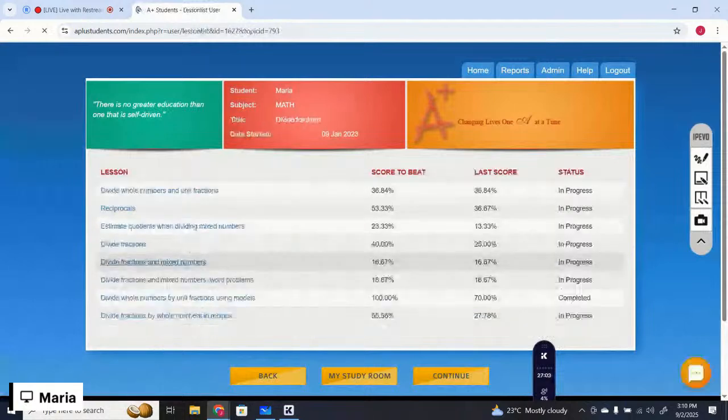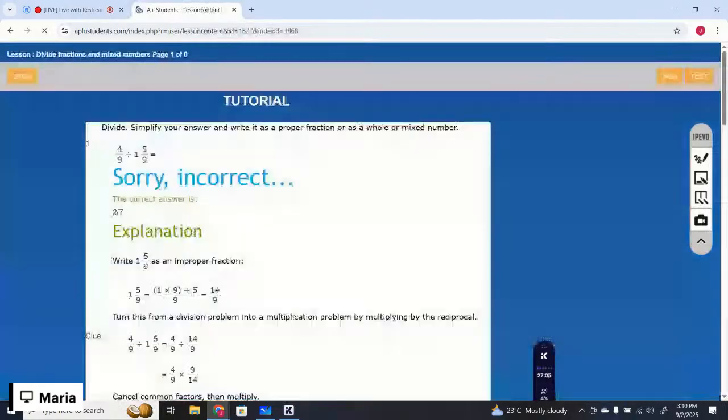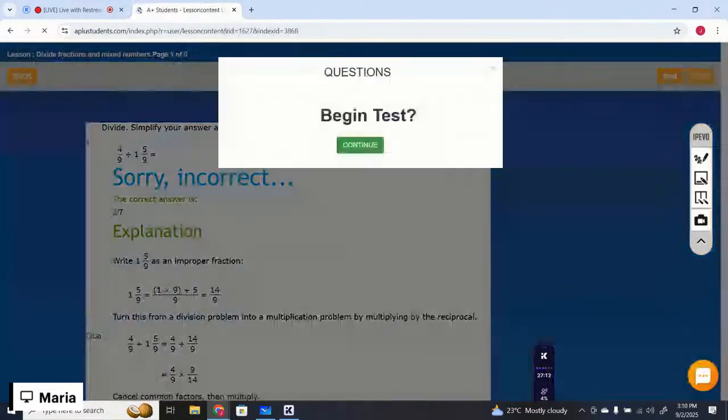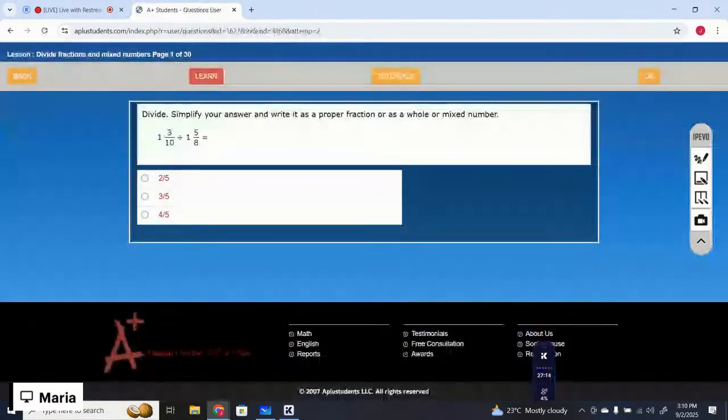Okay, let's just start with the lesson divide fractions and mixed numbers. So let's just start with the test questions. 1 whole 3 by 10 divided by 1 whole 5 over 8. First thing you need to do is convert them to improper fractions, right?